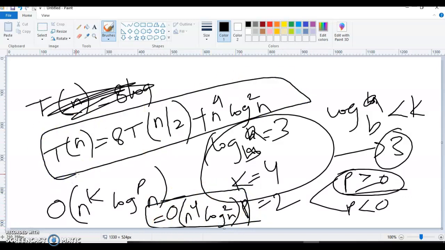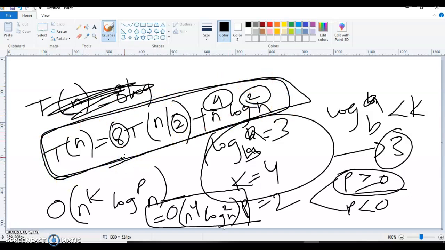So we have seen 3 cases. Depending on these 3 cases, the entire solution of the recurrence relation is gonna depend on the a value, b value, k value, and p value. When you do the recurrence trees for the recurrence solutions, you're gonna understand why we are taking these a, b, and k values.